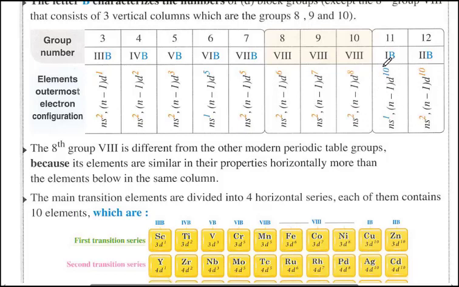There is no d9 here. Okay, there are two abnormal configurations here, in chromium in group 6B and in copper in group 1B. So we will study this in detail.